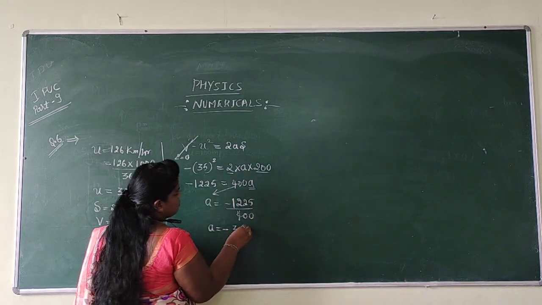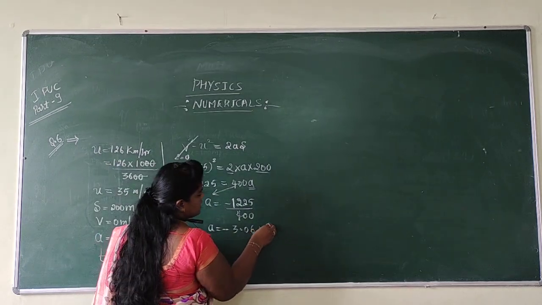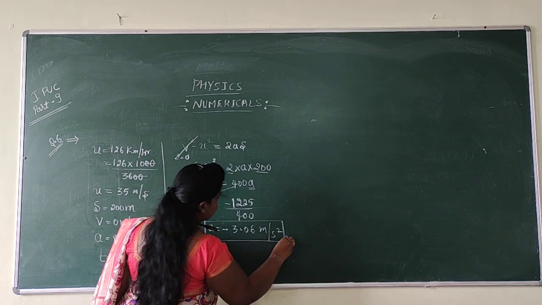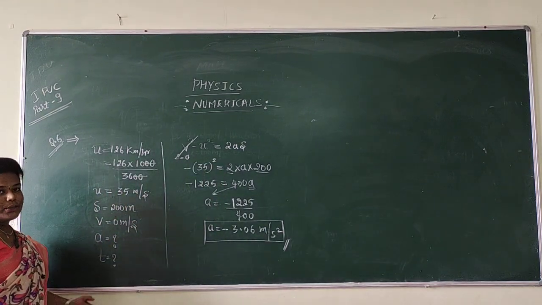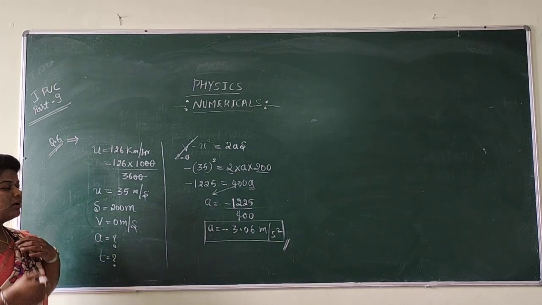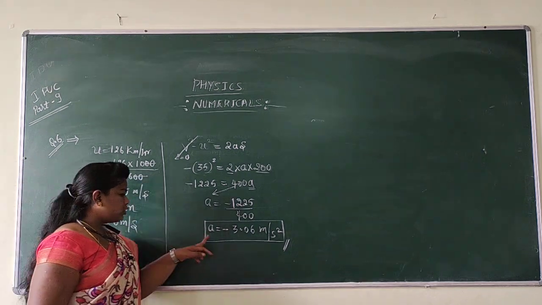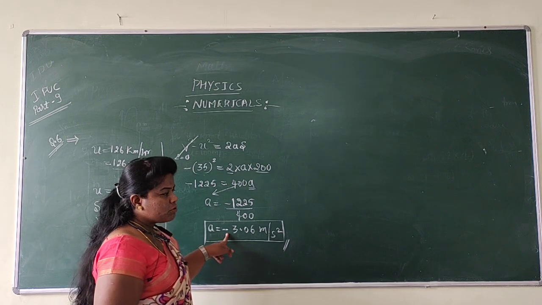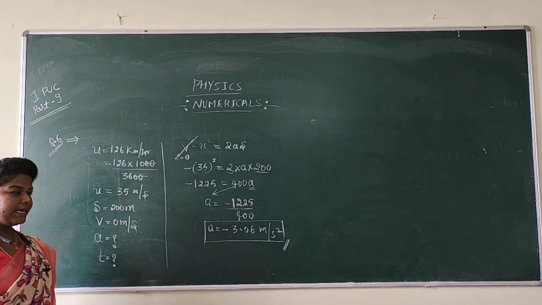Retardation or acceleration has the SI unit of meter per second square. So finally, we calculated the retardation. Dear students, you can observe that retardation means decreasing acceleration, or we can call it deceleration. So this acceleration should be represented by a negative sign. This negative sign exactly shows that the acceleration is decreasing, or it is said to be the retardation.